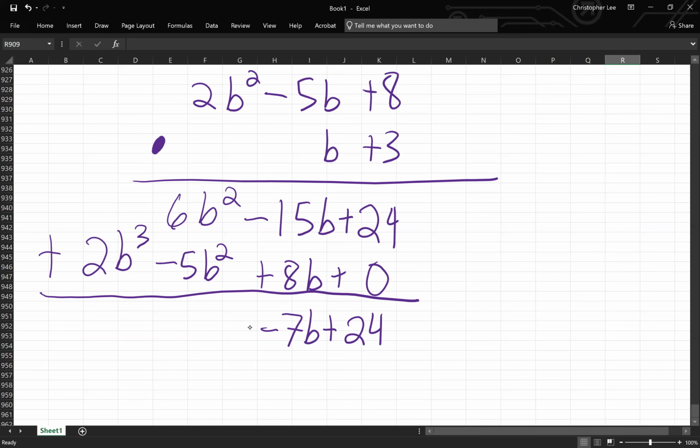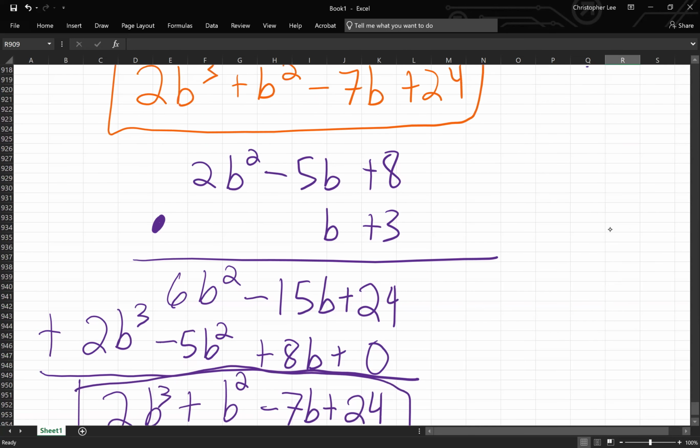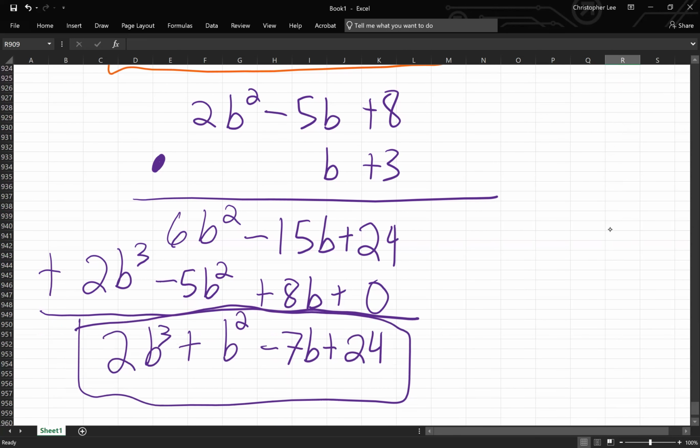And then 6b squared plus negative 5b squared is b squared, right? So plus b squared. And then 2b cubed. And that's it. That's your answer. All right? Let's see. Are they the same? Yep. Exact same.